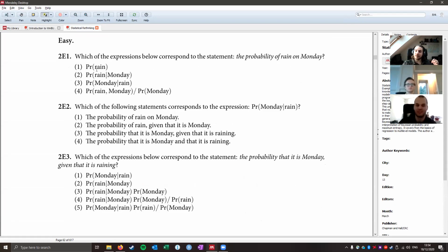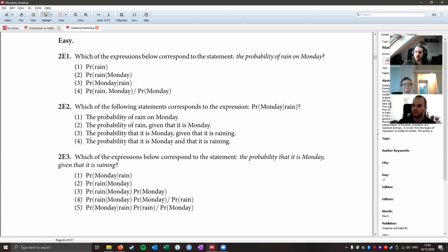And I actually think that two of the statements underneath here are true. So probability of rain doesn't include the Monday part, so we can already say, well, that's not it. The second one, I think, actually corresponds to this, because this is the probability of rain given that this is a Monday. A third one, again, doesn't fit the description because it is the probability of Monday given that it is raining.